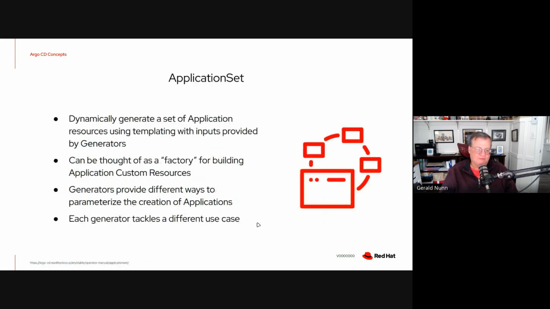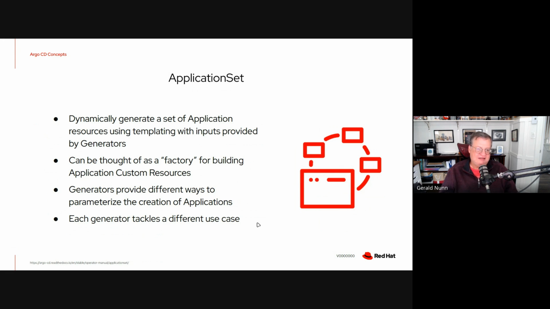So app of apps is great, but one of the challenges or limitations of it is that it's static, right? You essentially have a static list of applications, although if you use a Helm chart to generate them, you have a little more dynamism involved. What an application set is really designed around is the concept of being able to dynamically generate a set of applications based on inputs provided by various generators.